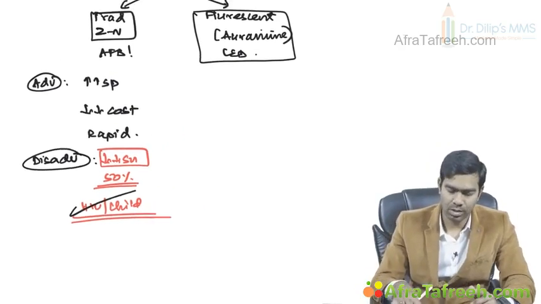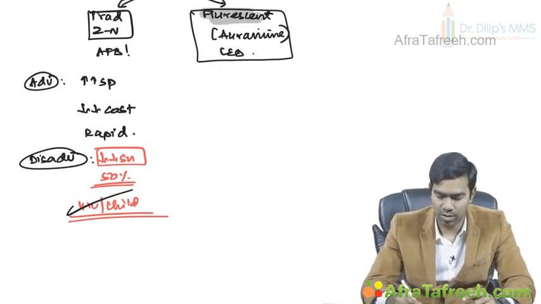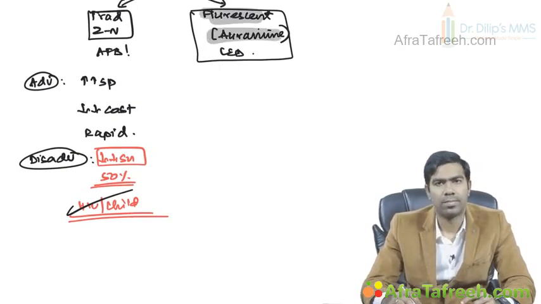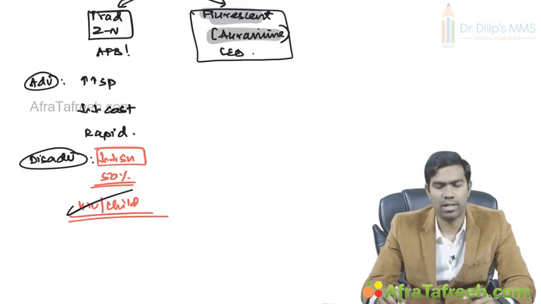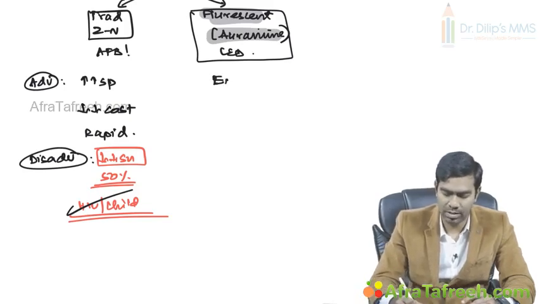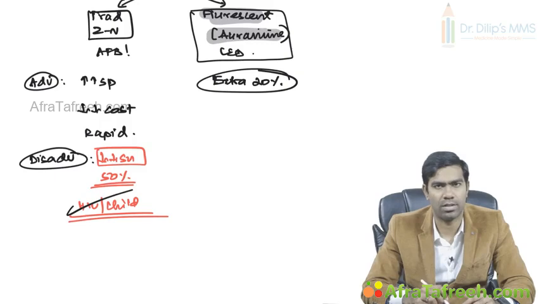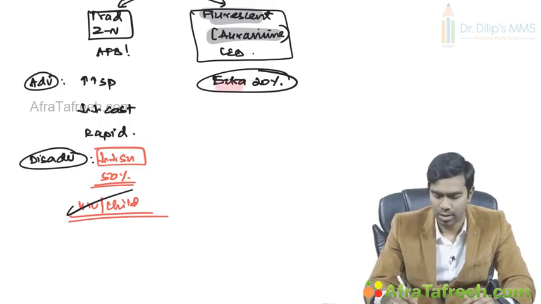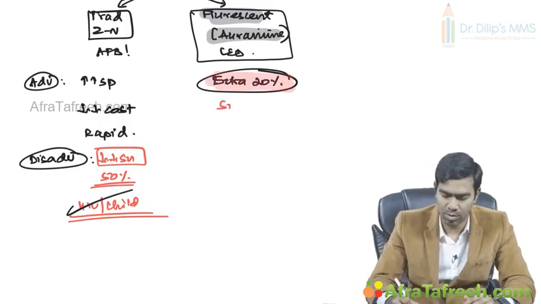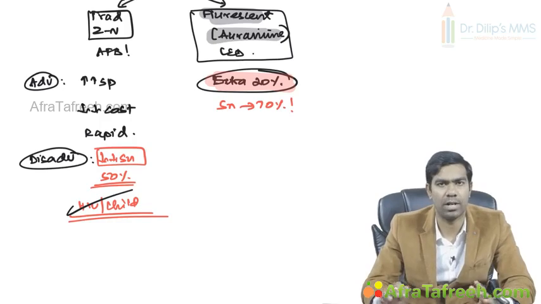Clear? And what are the advantages of this fluorescent staining? In the fluorescent LED stain, the only advantage is it picks up that extra 20%. That's the biggest advantage of the fluorescent LED stain. So the sensitivity may slightly improve to approximately 70%. That extra 20% is picked up better by the fluorescent LED stain, auramine staining.